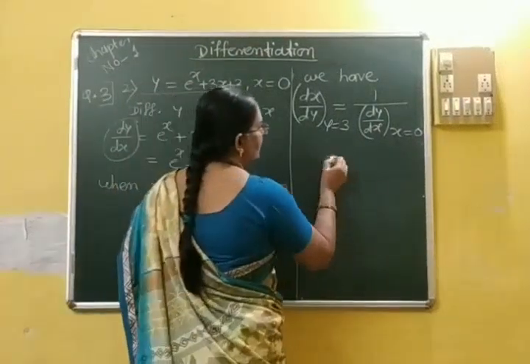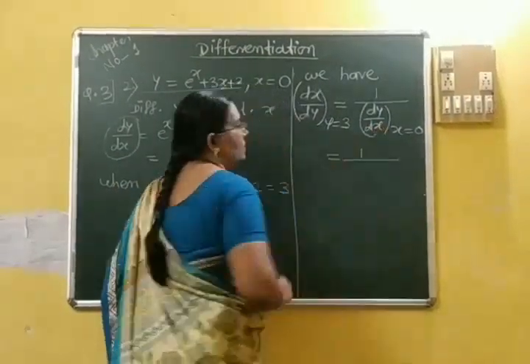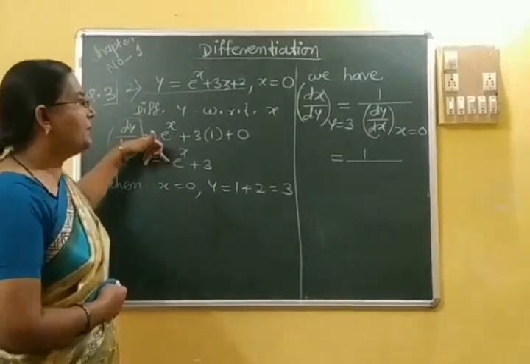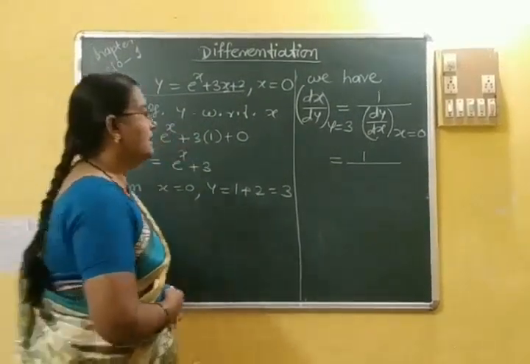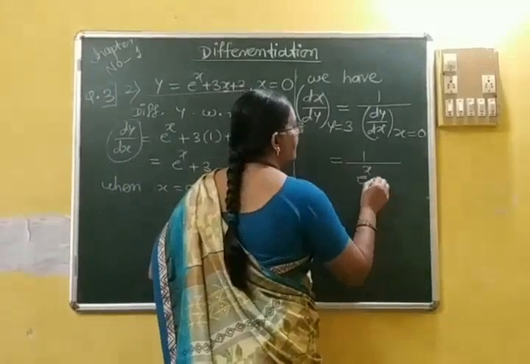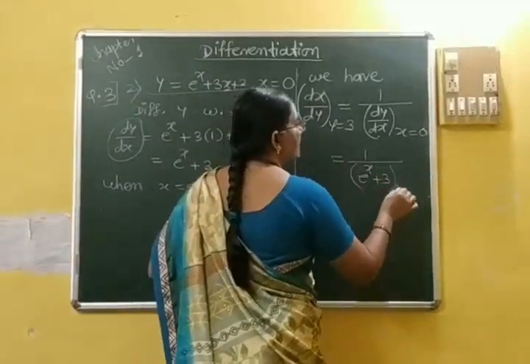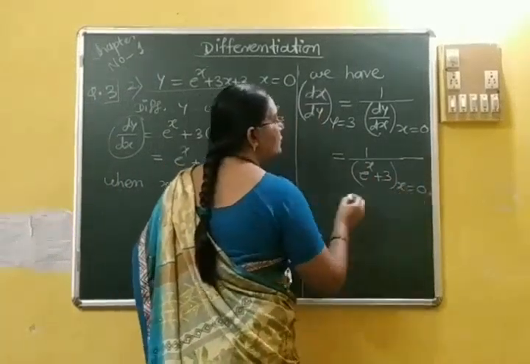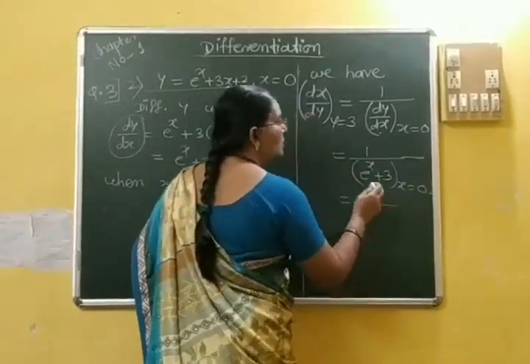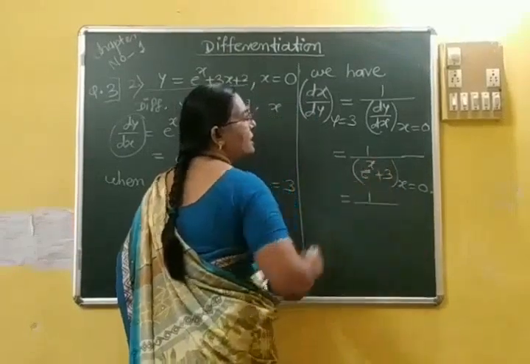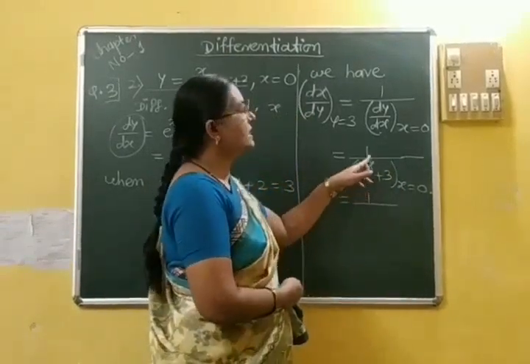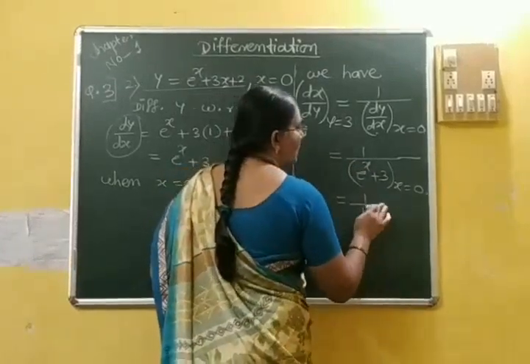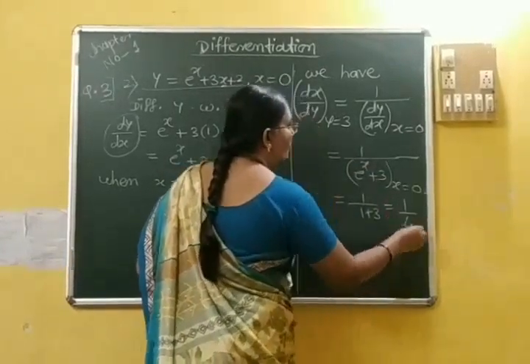Already we have taken the derivative of this given function, dy by dx, which is e raised to x plus 3. What is the value of e raised to x plus 3 at x is equal to 0? Put the value x is equal to 0 here. E raised to 0 becomes 1, and 1 plus 3 becomes 4. That is equal to 1 upon 4.